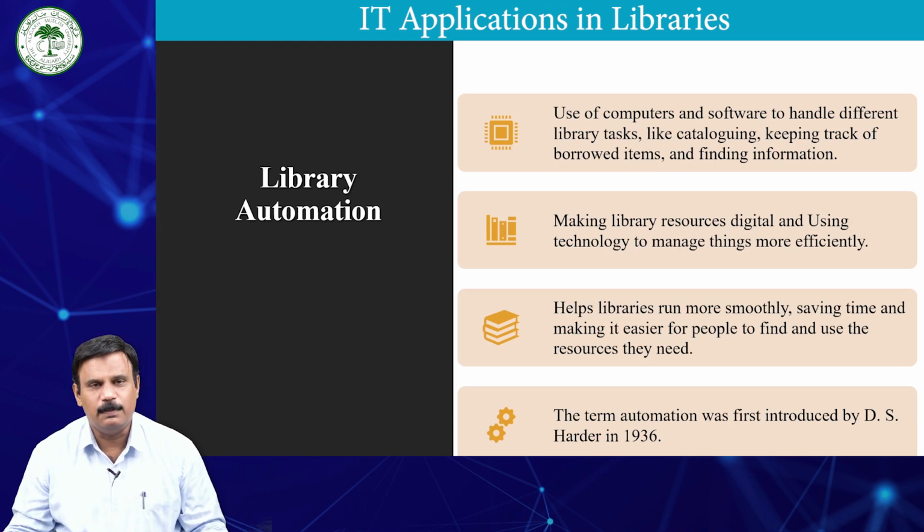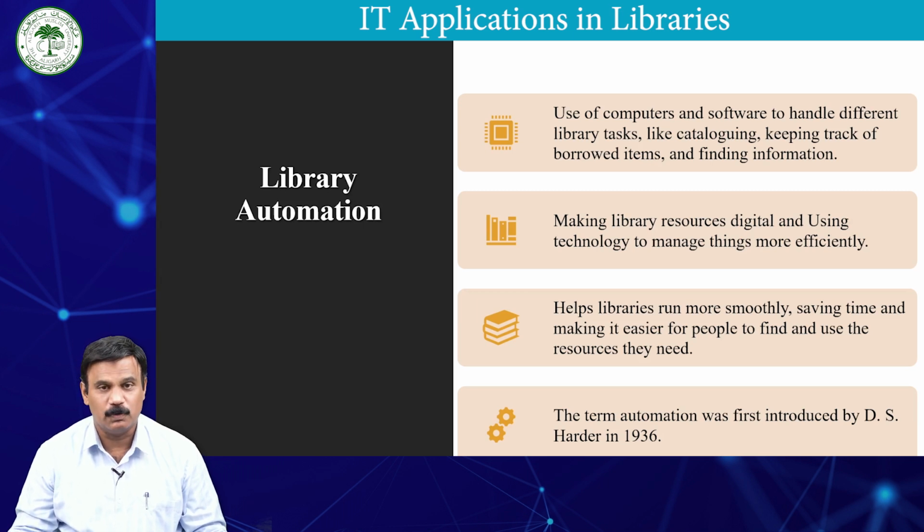If you think of library automation, the term automation was first introduced by D.S. Harder in 1936. Library automation means the use of computers and software to handle different library tasks like cataloging, acquisition, circulation of books, keeping track of borrowed items, and finding information from various sources, answering the queries of users by using reference sources.